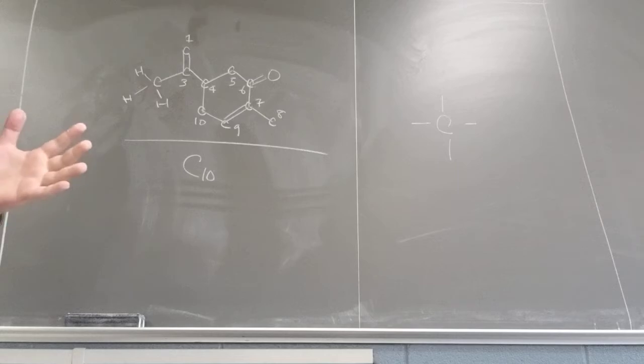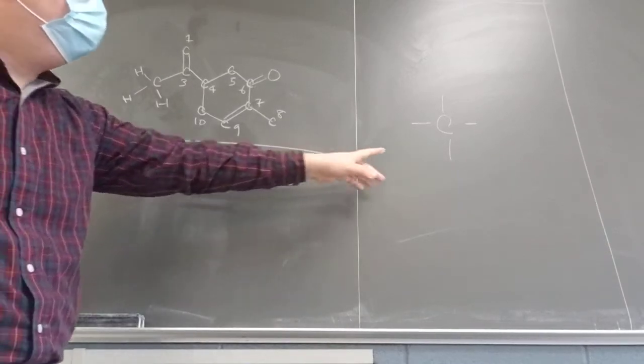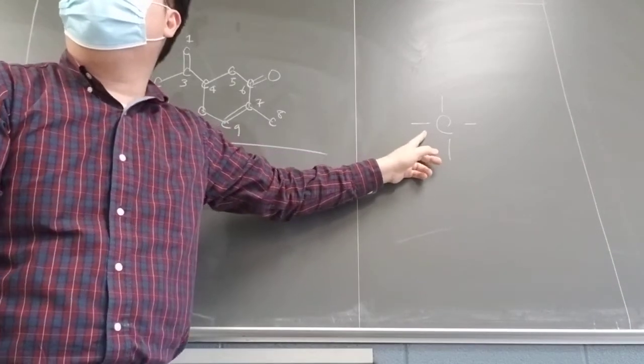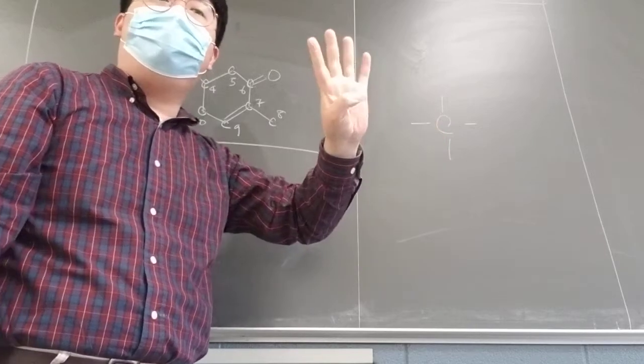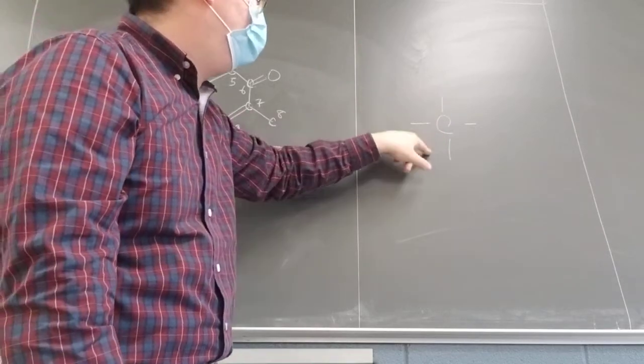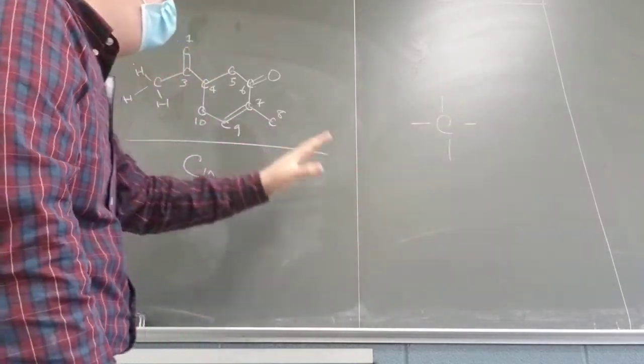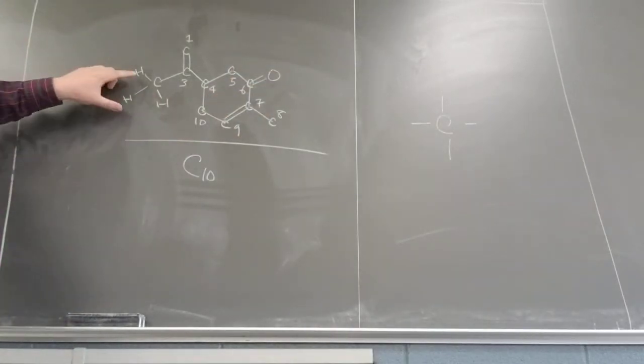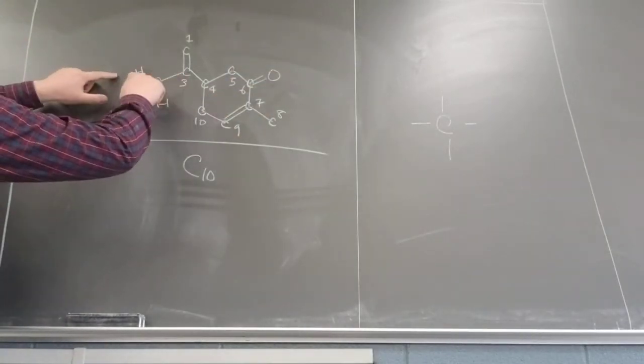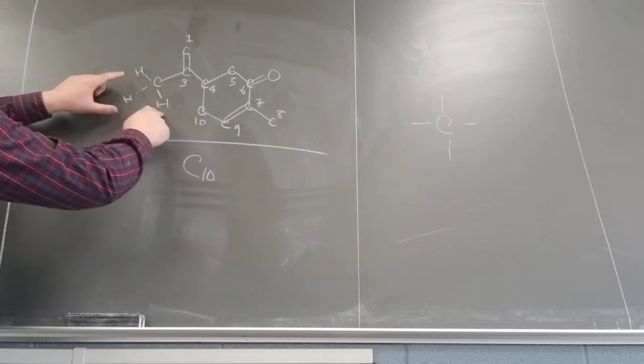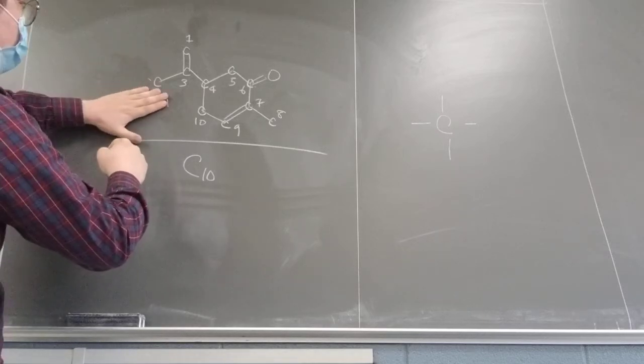You just don't see them, but they're there, because carbon is a group 4 element, it should have 4 single bonds to be saturated. So you have 1 over here, but 3 is missing, meaning there are 3 implied hydrogens.